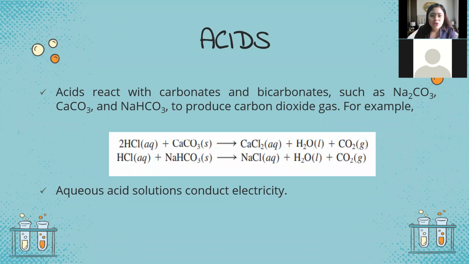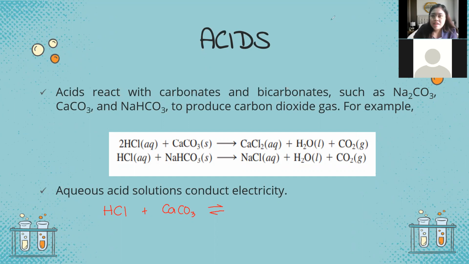You have here hydrochloric acid plus calcium carbonate. This will yield calcium chloride plus water plus the carbon dioxide. Now, para hindi kayo malito, ano ba ito? Double displacement reaction. So you have there the HCl plus the calcium carbonate. So ang original reaction nito, double displacement, exchange partners.